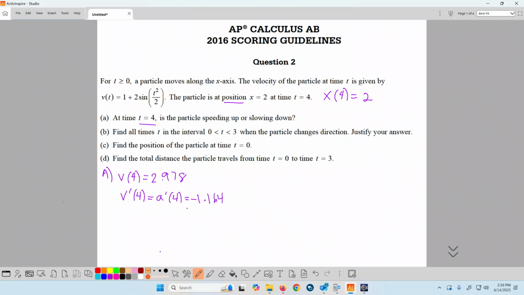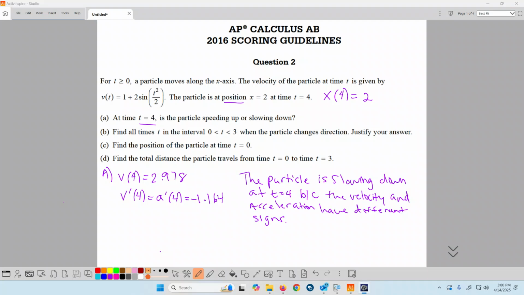Or, if you want, you could even say because the velocity and the acceleration have different signs. Okay, so here's that answer, nice and neat, written down. Again, you can say because v of 4 is greater than 0 and v prime of 4 is less than 0, or you can write this down more verbally and just say the particle is slowing down at t equals 4 because the velocity and acceleration have different signs.